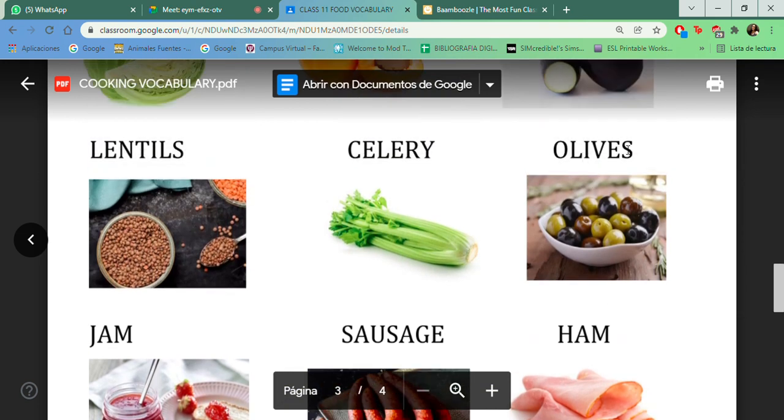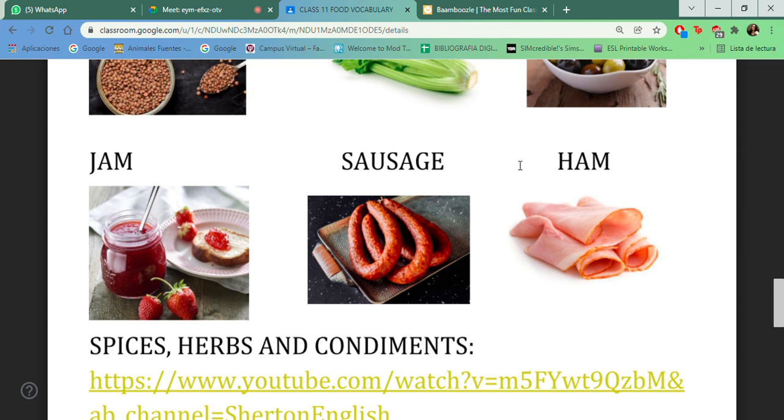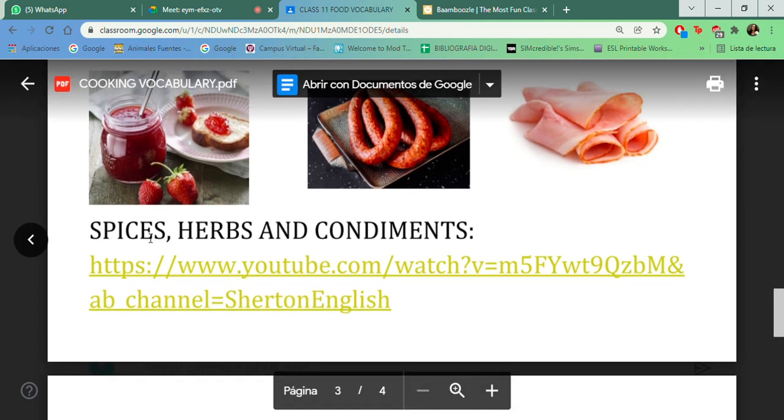You have olives and olive oil as well. Vinegar. Well, you can talk about spices, herbs, and condiments. You can watch this video with all of the condiments, spices, herbs. It's a short video and has all of the condiments, spices like mint, ginger, apricot, and cinnamon.